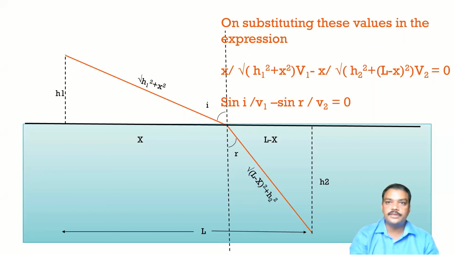On substituting these values in the expression, we get sin I by v1 minus sin R by v2 is equal to 0.